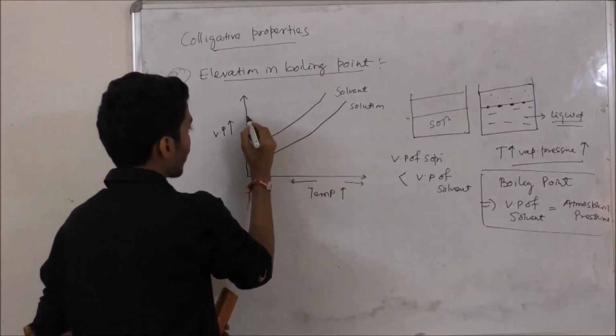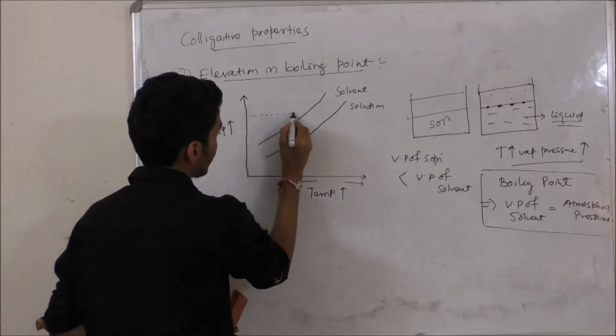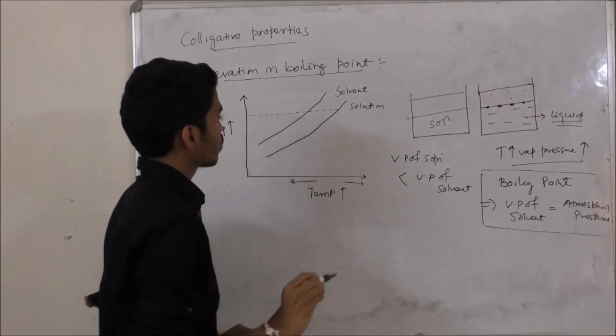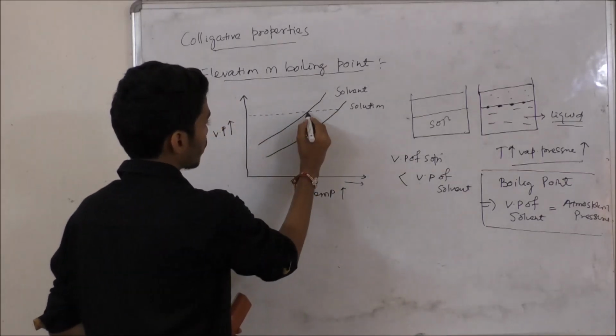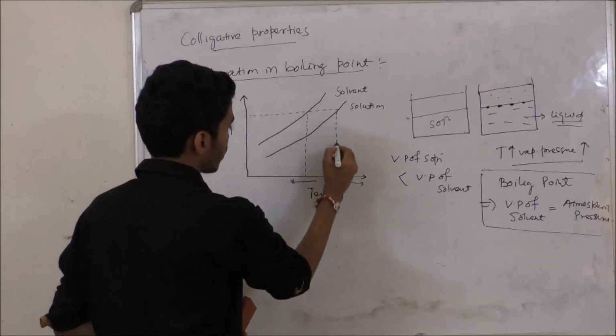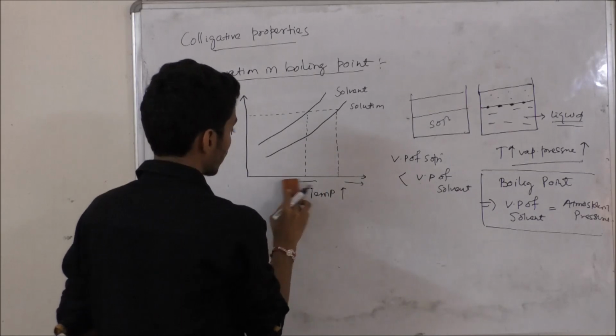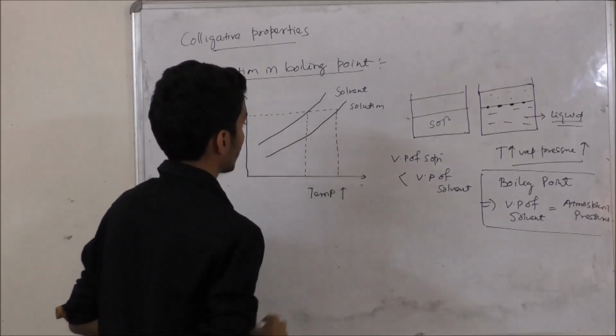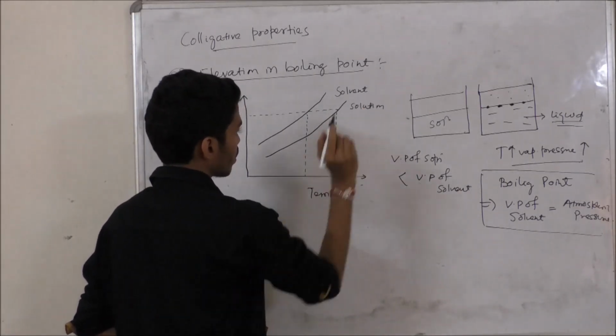We will create the same amount of vapor pressure, meaning vapor pressure will be the same. So when vapor pressure is the same, the respective temperature is like this. Okay.